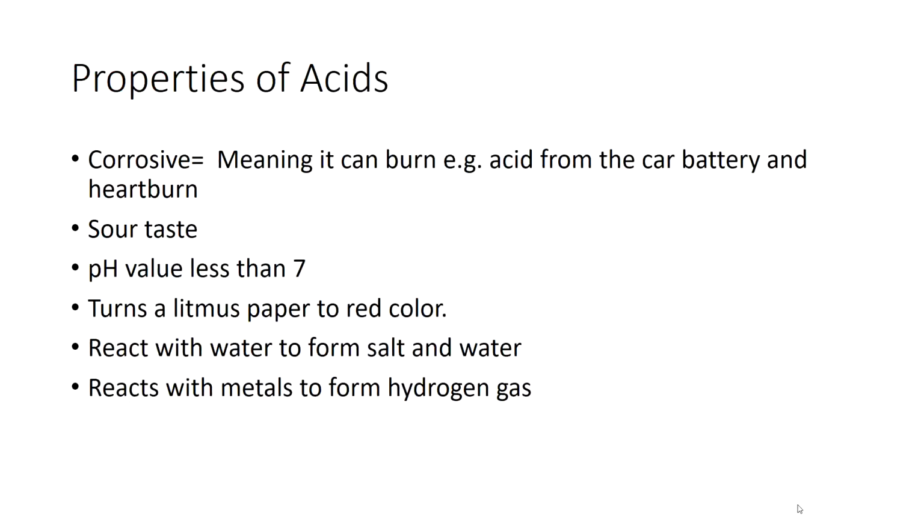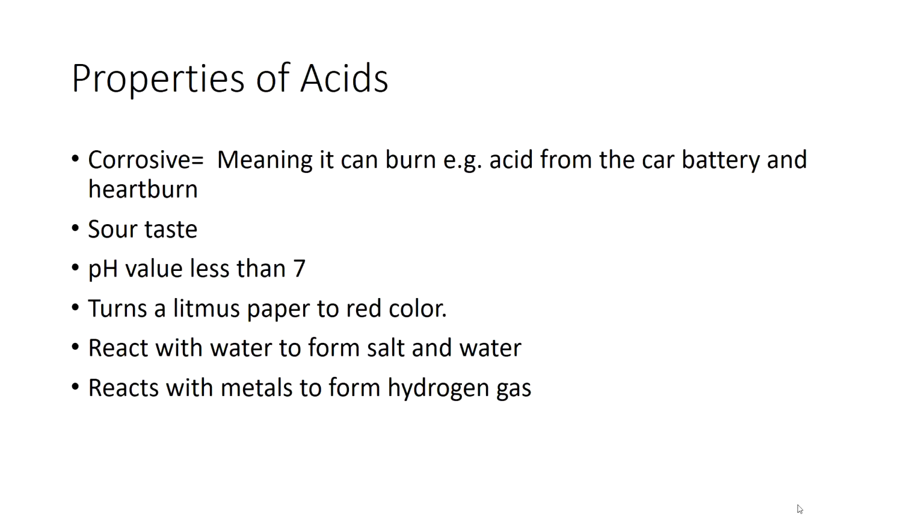So the properties of acids: 1, they are corrosive. That means they have an ability to burn. For example, if you consider a car battery, it contains a liquid. That liquid that's inside is an acid. If it spills on you, it can actually burn you.